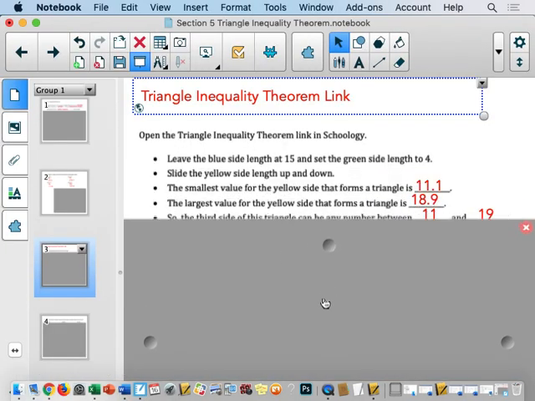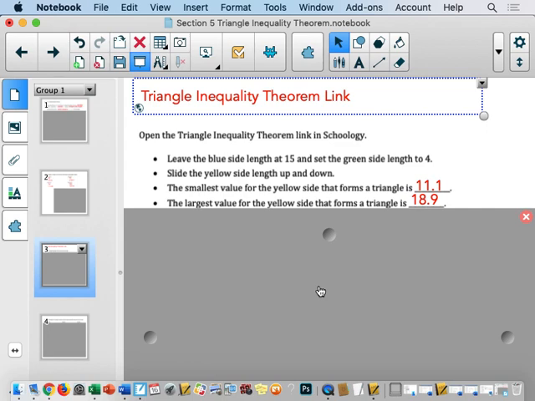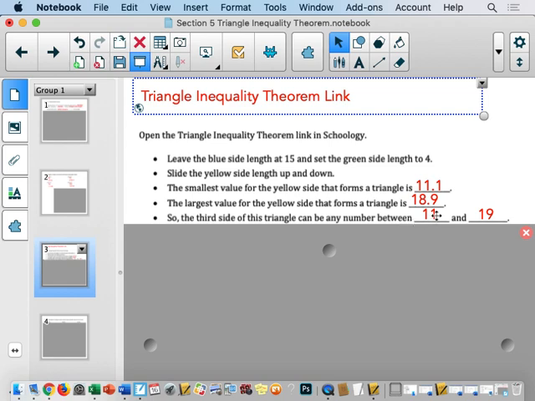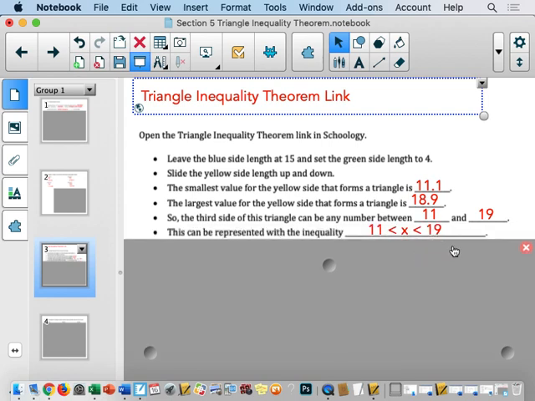Go back and write that in. We're not going to deal with decimals, we're just going to use our less than and greater than signs. The side must be greater than 11, but less than 19. It can't be 11 and it can't be 19, but it has to be between. We could write that as an inequality, 11 and 19.